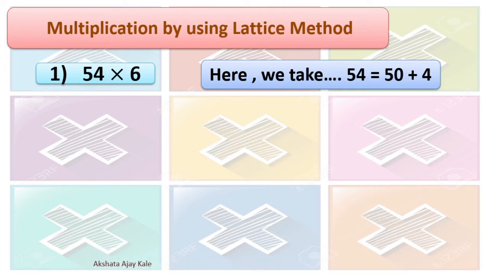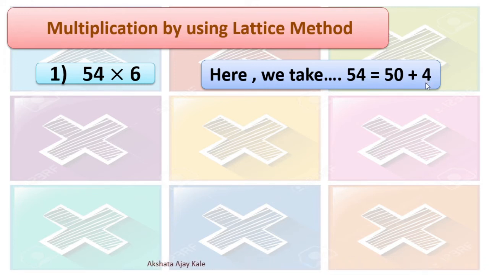In lattice method we have to use the expanded form or split the given numbers. Here 50 plus 4 because 4 is in unit place and 5 is in tens place. So it became 50 and 4 remains as it is.